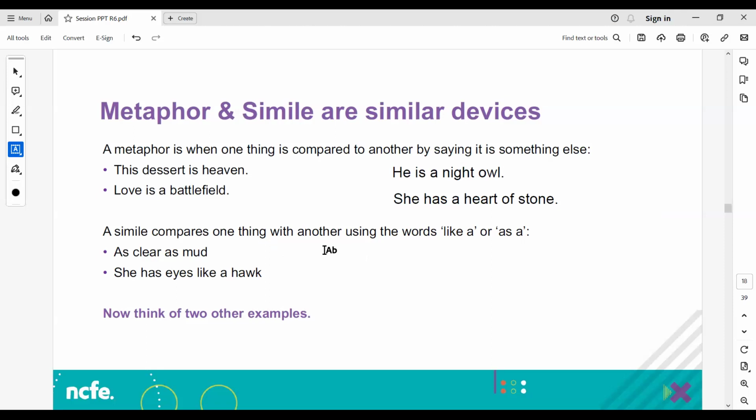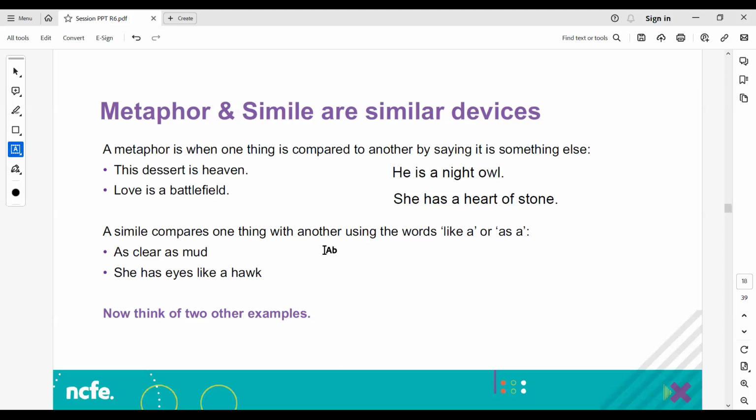So we've got some examples here. As clear as mud. She has eyes like a hawk. So as clear as mud, we're saying the situation is as clear as looking through mud, so not very clear. We've got that word as in the middle. She has eyes like a hawk.